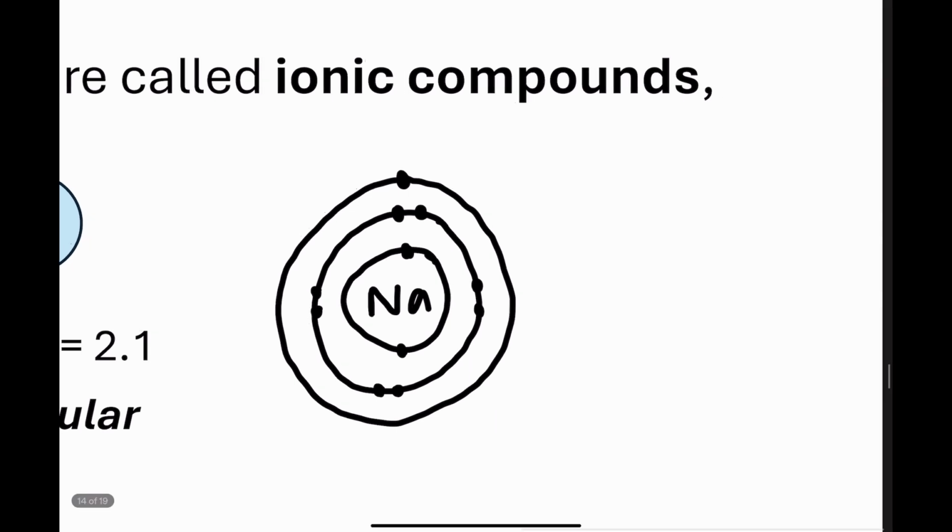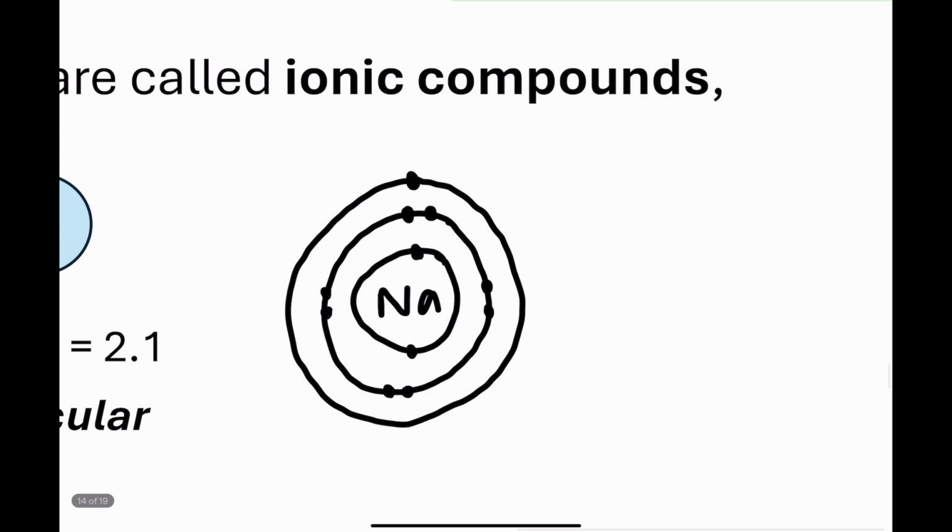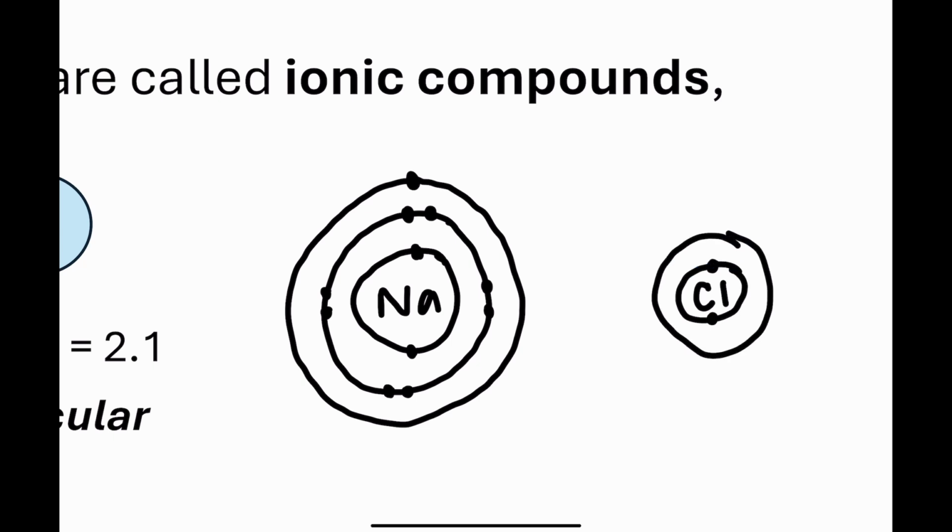Chlorine, on the other hand, is going to have 2 electrons in its first shell, 8 in its second shell, and in its third shell, 7 valence electrons.